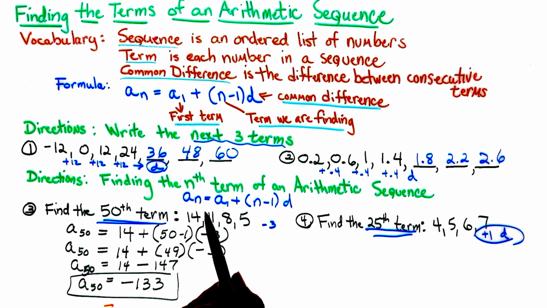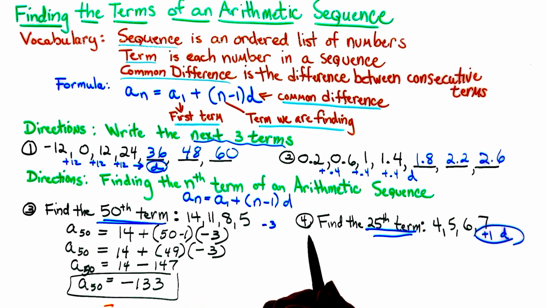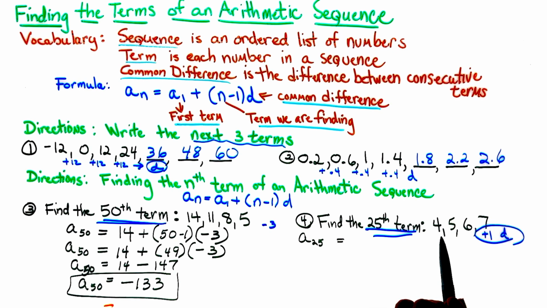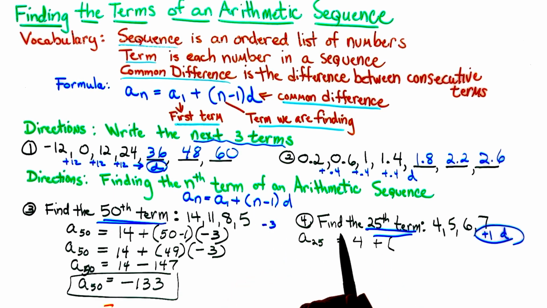So let's go to the formula again. We're looking for the 25th term is equal to the first term in the sequence, which is a 4, plus, in parentheses, we're going to put our 25 because that's the term we want, minus 1, and then the common difference was a 1.